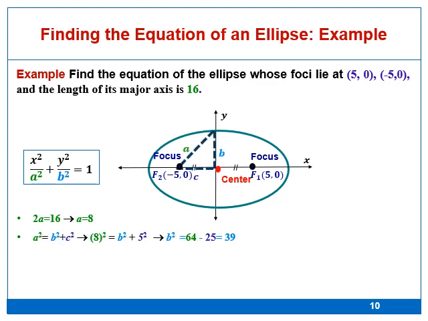Next, we draw this right angle triangle, where its hypotenuse joins the endpoint of its minor axis and one of its foci. So the hypotenuse is A, the height is B, and the base is C. A squared is equal to B squared plus C squared, so we can get the B. B squared will be equal to 64 minus 25, which is 39, and then we can rewrite this equation by substituting for A and B.